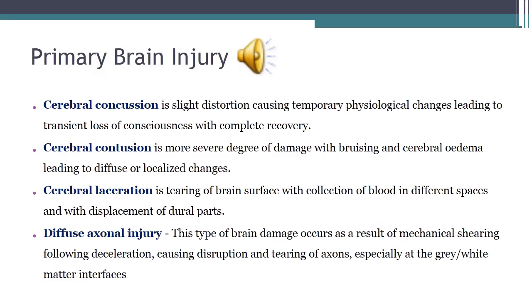Cerebral laceration is a tearing of the brain surface with collection of blood in different spaces and with displacement of dural parts. In diffuse axonal injury, this type of damage occurs as a result of mechanical shearing following deceleration, causing disruption and tearing of axons, and especially occurs at the gray-white matter interfaces.